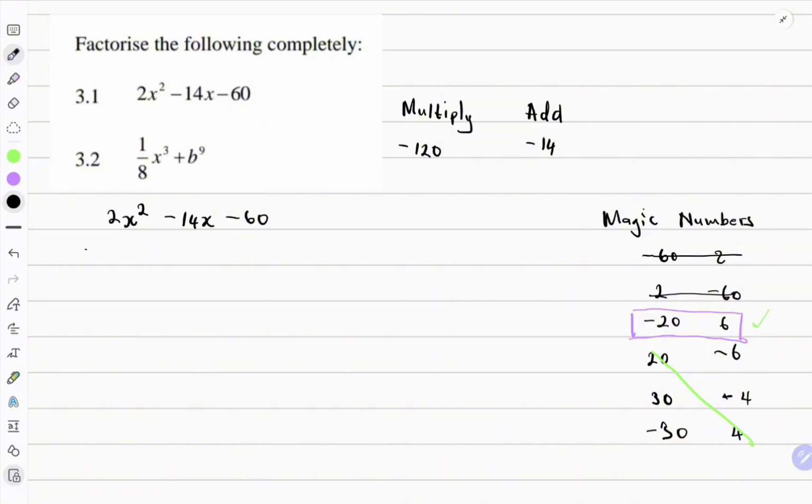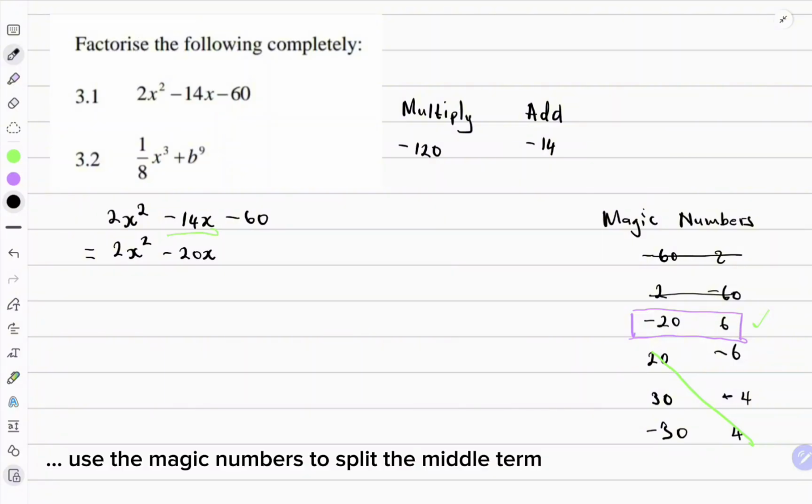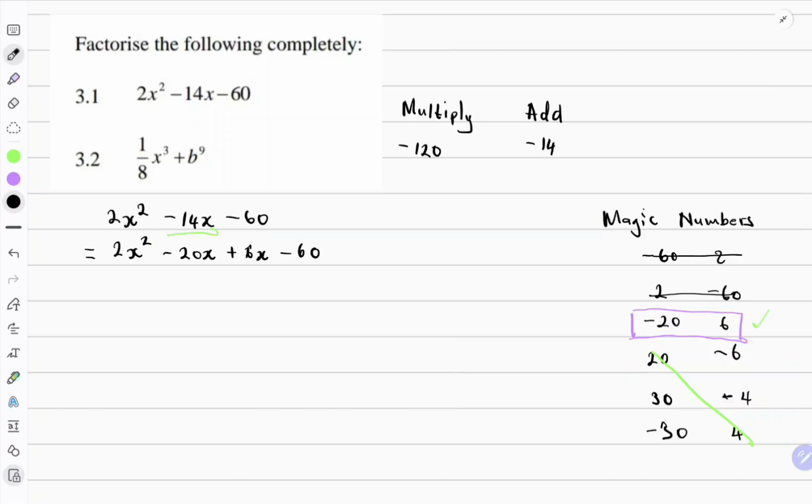Then what you do next is you write the first term, 2x squared. And then you split the middle term. So you write it as negative 20x plus 6x minus 60, because if you add negative 20x plus 6x, it brings you back to negative 14x. Notice in the first two terms, you can factor out 2x.